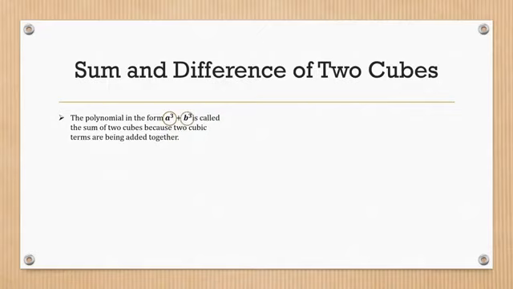Let's have an example of an expression that is a sum of two cubes. First, we have x cubed plus 27. It is a sum of two cubes. Look at the first term: it is a perfect cube, x cubed. How about the second term? Again, the second term is a perfect cube.